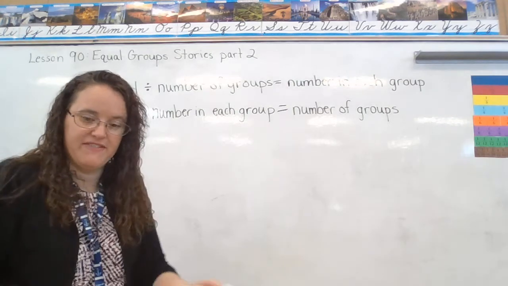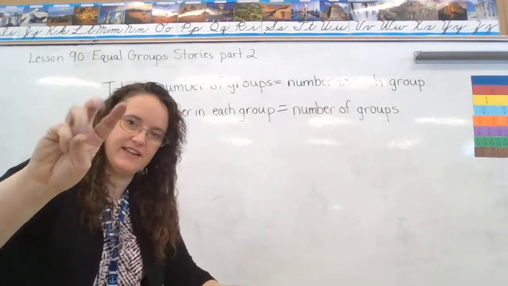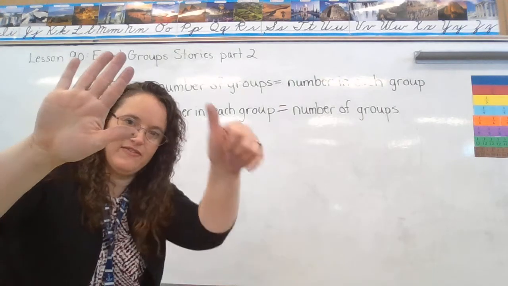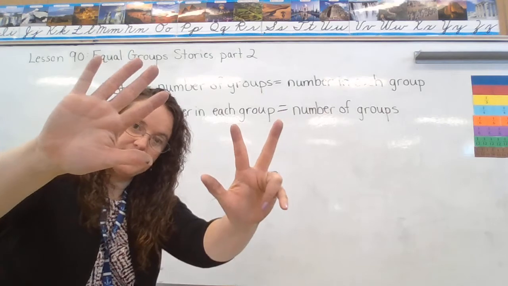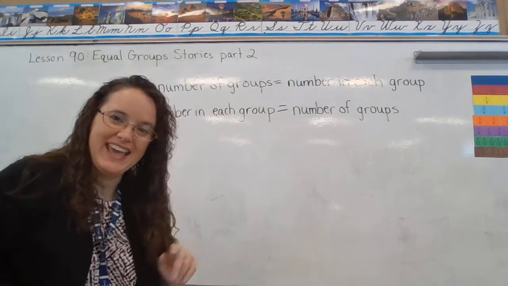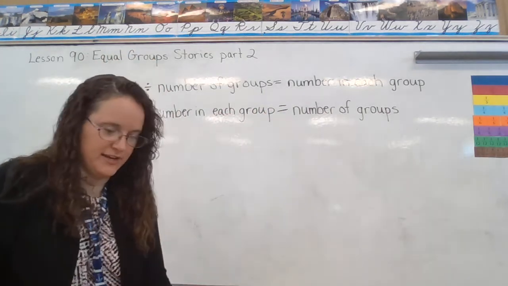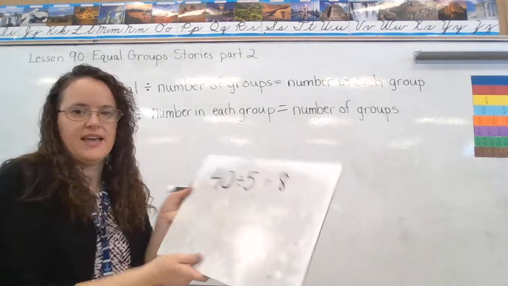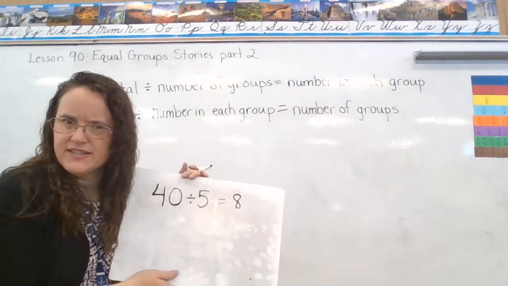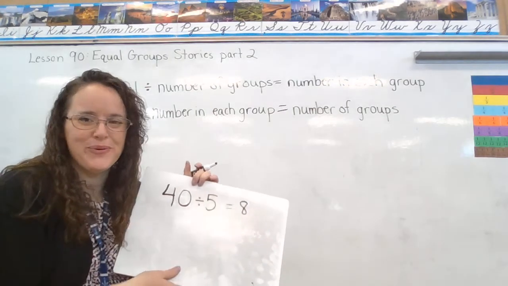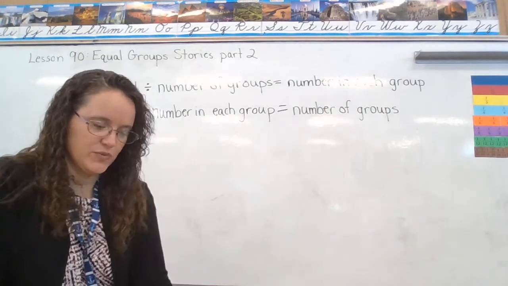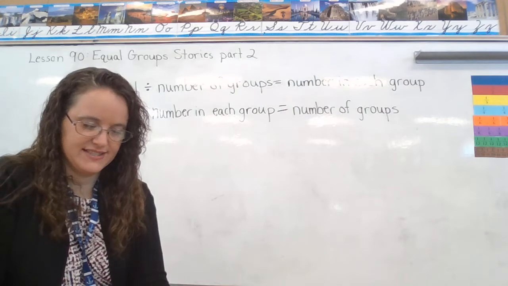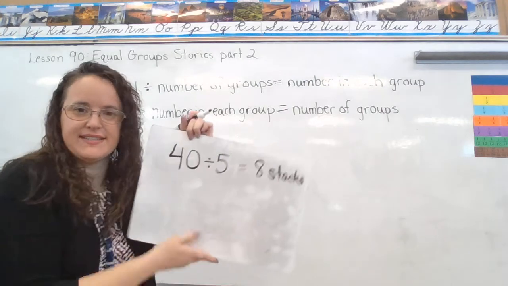So we can count by 5s. 5, 10, 15, 20, 25, 30, 35, 40. What number times 5? 8. So 40 divided by 5 is 8. 8 elephants? No, 8 stacks of pennies. So we can just say 8 stacks, like that.